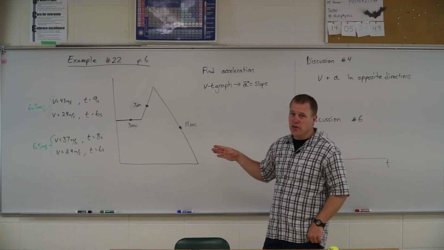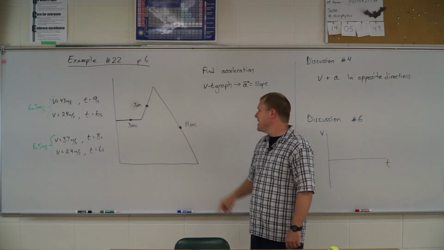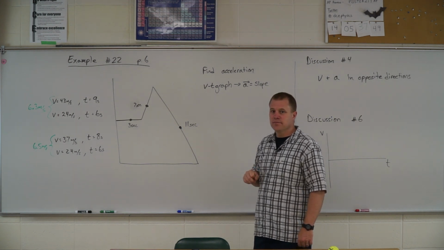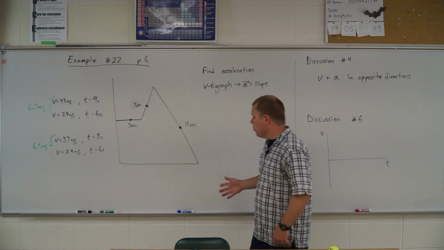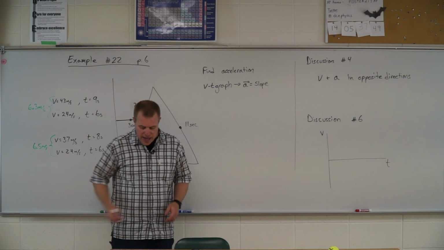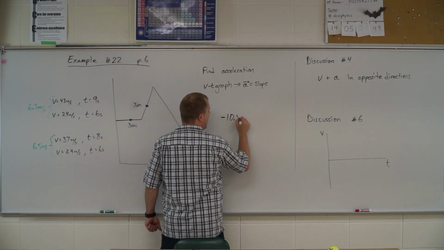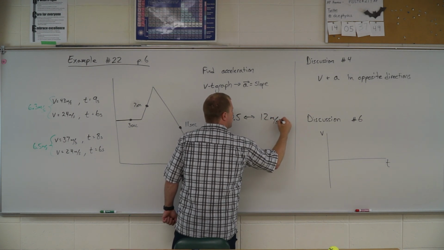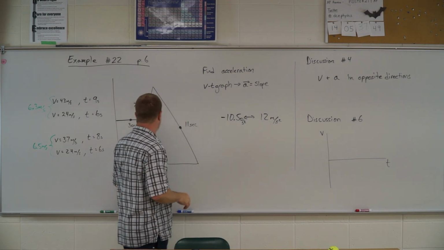I want you guys to go ahead, hit pause on the video and try and find the acceleration here at 11 seconds. All right, so you tried to find that acceleration here at 11 seconds. So what'd you get? So some values that came for me were, I got something like negative 10.5 and maybe up as high as like 12 meters per second squared as our accelerations there.